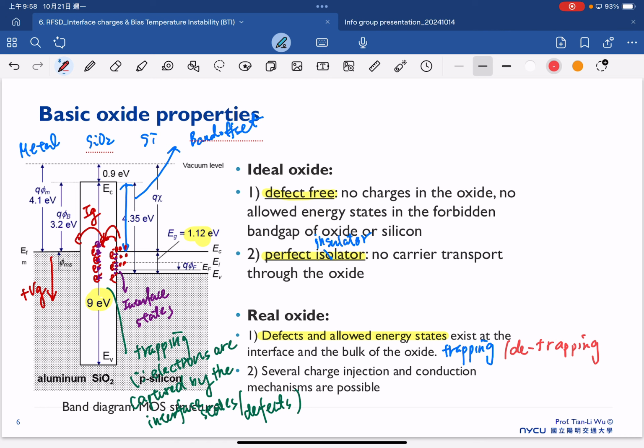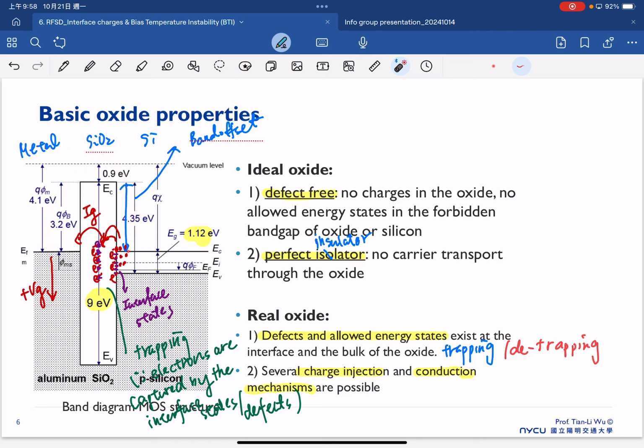Also, because of these defects, we have different charge injection and conduction mechanisms here. For example, ideally, our electron should jump over this band gap, reach the other side, and become leakage current. But now, because we have a defect here, the electron no longer moves this way. This defect will change the conduction mechanism inside the dielectric.